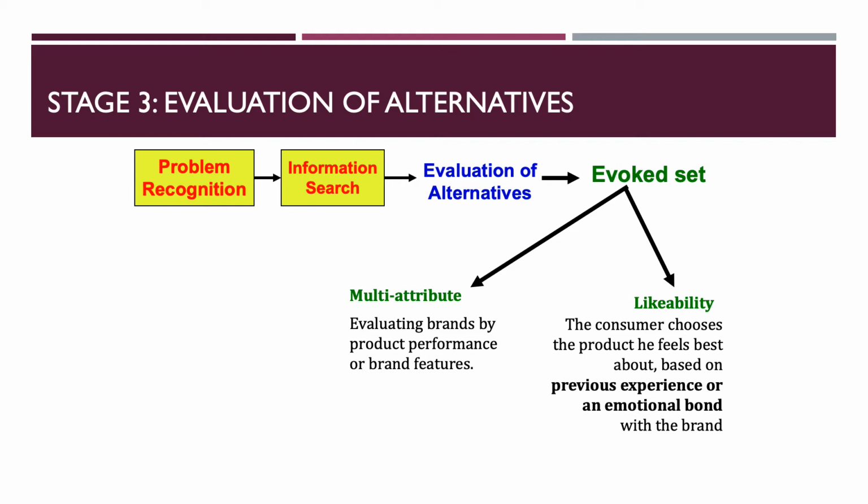The consumer chooses the product he feels best about based on previous experience or an emotional bond with the brand. So likability is more emotion based, while the multi-attribute method is based on a collection of attributes or characteristics, so it is more factual. You make a pros and cons list and decide based on the product performance and brand features which one is more suitable to you.